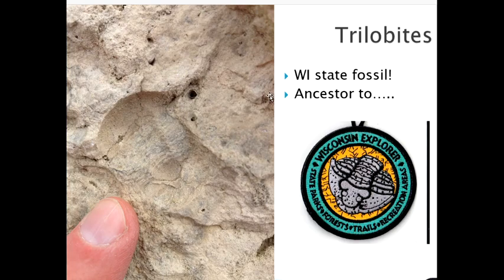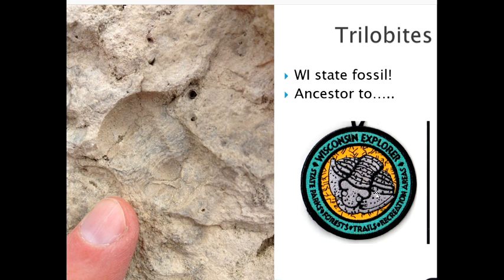And then finally, trilobites. So next to my finger here, you can barely see it. It's not a good one, but it's clearly evidence of a trilobite, which incidentally is our Wisconsin state fossil. So here's a patch that kids can get from our Wisconsin state parks if they could do a whole bunch of little exercises and earn the thing.